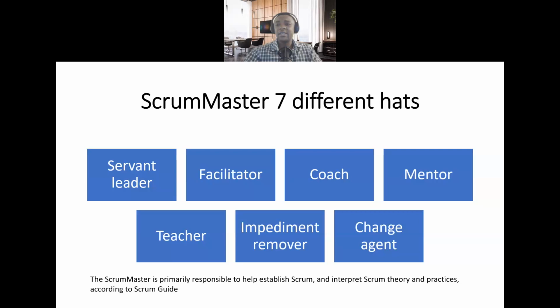Coach. Sometimes, have you wondered, you see job postings saying we are looking for an agile coach, we are looking for a Scrum coach. Look at a coach from the perspective of football or soccer or any sport. I believe that every sport does have a coach. What does that mean?